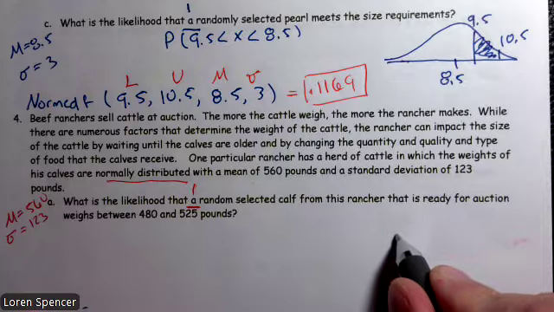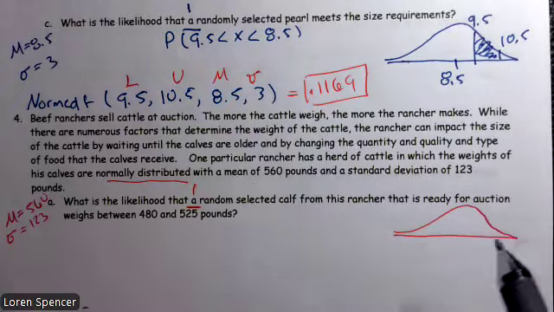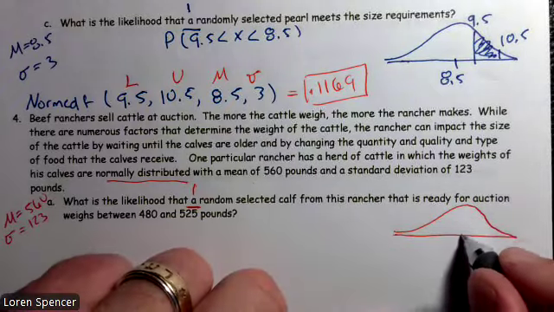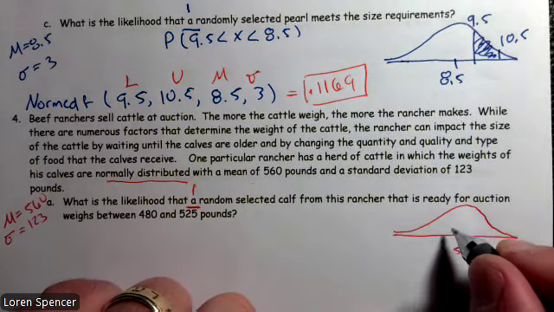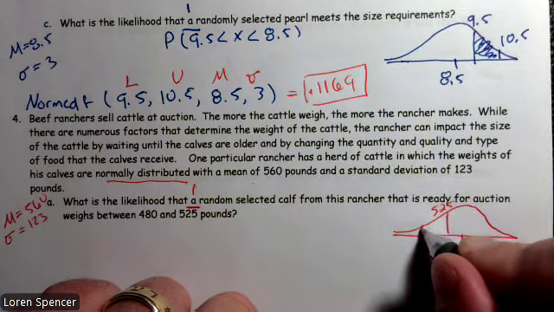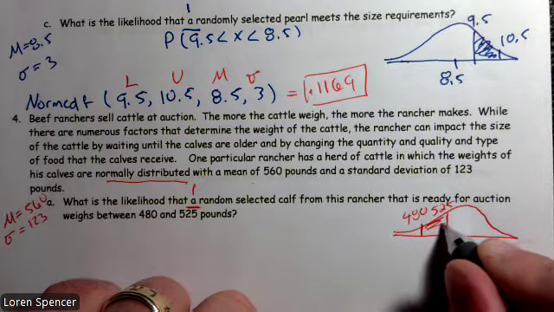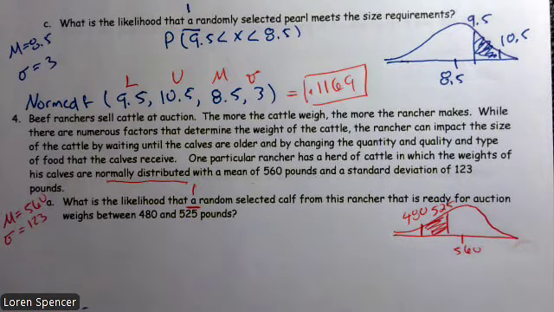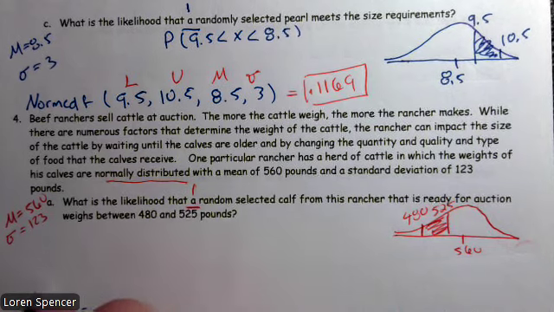So let's go ahead and draw this picture. Well, the mean was 560, and apparently we're going to be below it at 525 and our lower part at 480. And we're looking for that area. Since this is a single value, this is going to be a norm CDF. So I'm going to make a note, norm CDF.